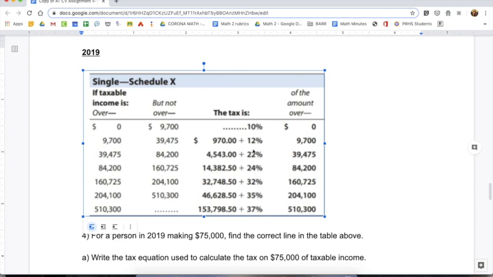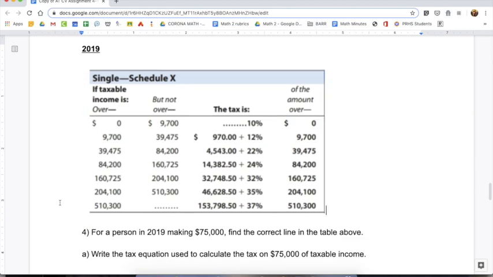You can see that there's a big jump there. And then the jumps are pretty much consistent, but these bottom two tax brackets, people that make below $40,000 for one single person, pay a lower tax rate. But we're going to look at $75,000.